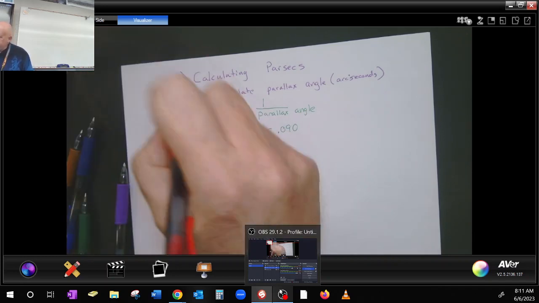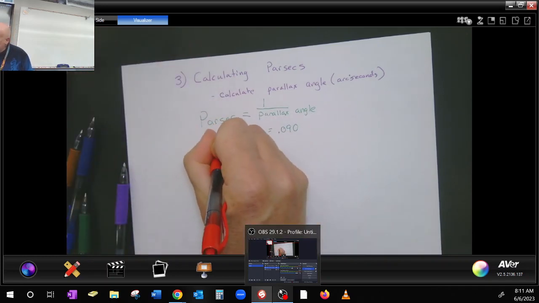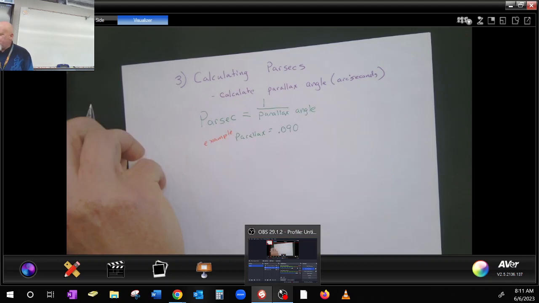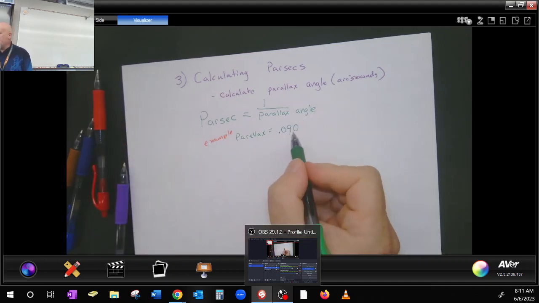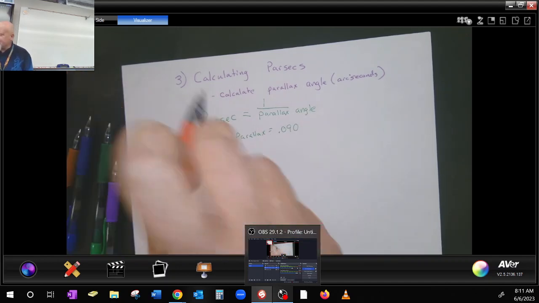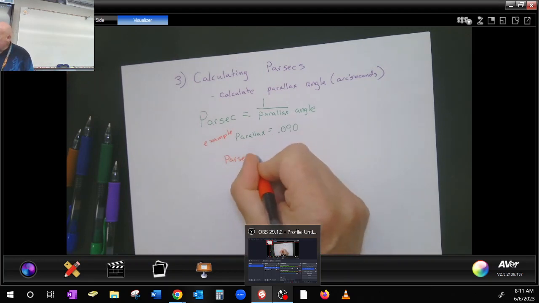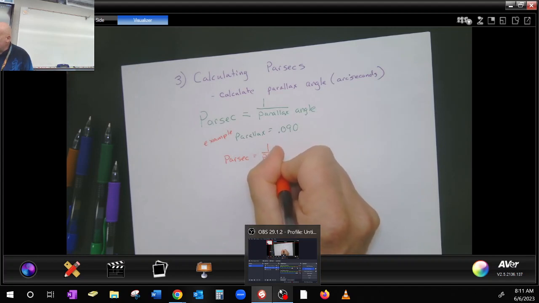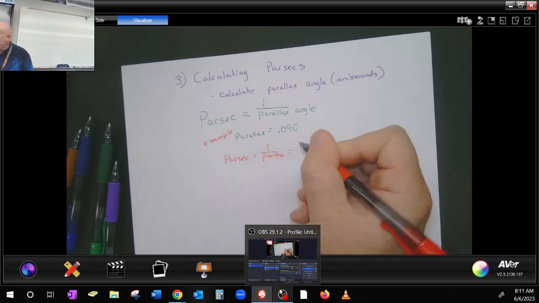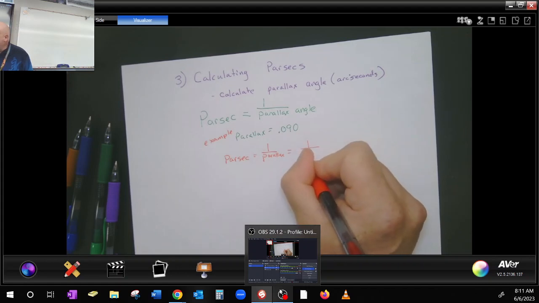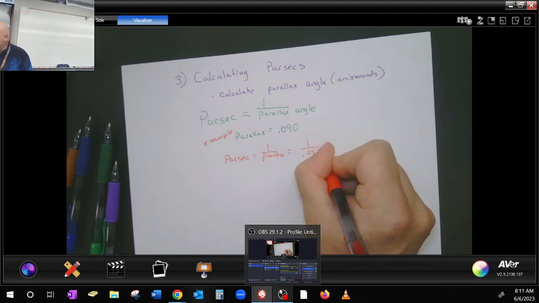All right. So if I know that the parallax angle is 0.090, this is going to be an example here. Now I can solve for this. I can say a parsec is 1 divided by the parallax, which is 1 divided by 0.090.